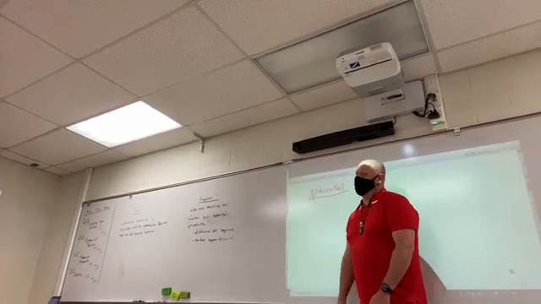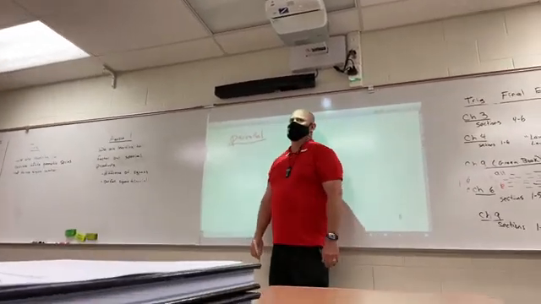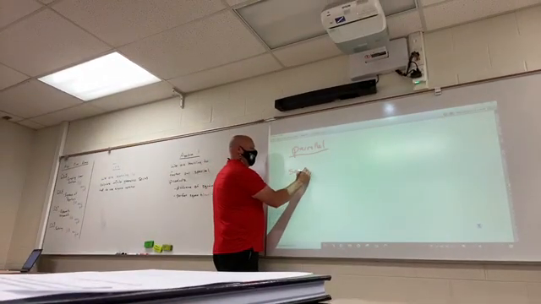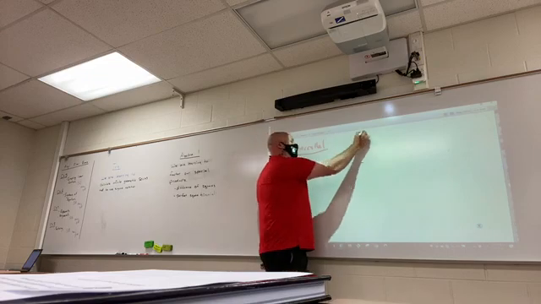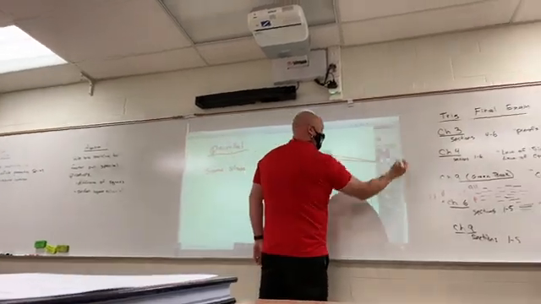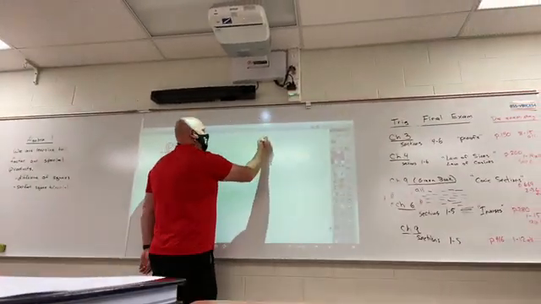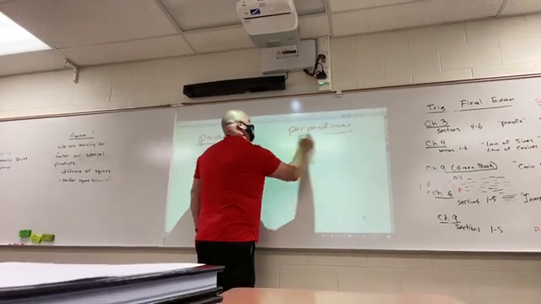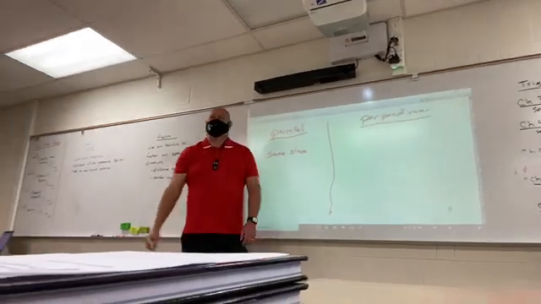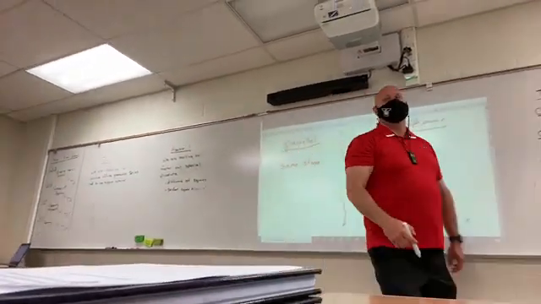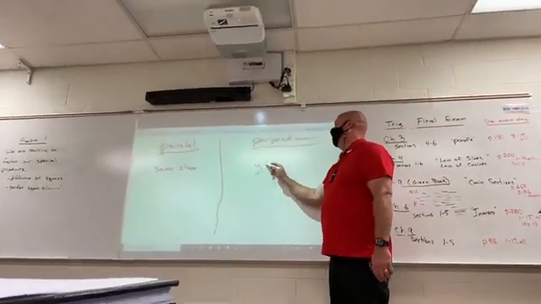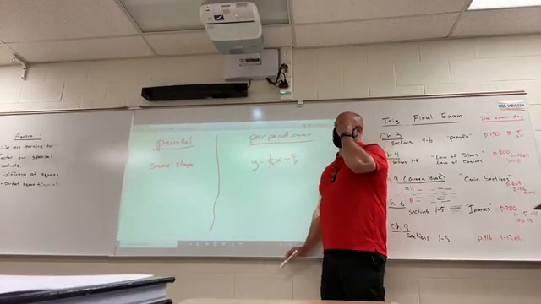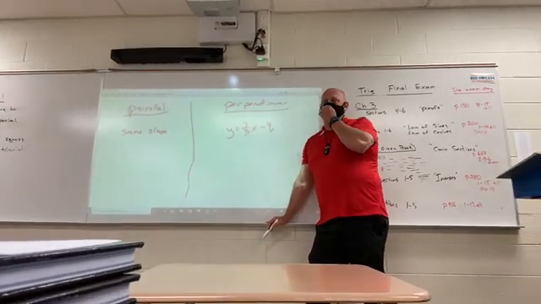What do parallel lines have? Same slope. What do perpendicular lines have? So if I give you y equals 7/3 x minus 4, and I say, what's a perpendicular line to that?